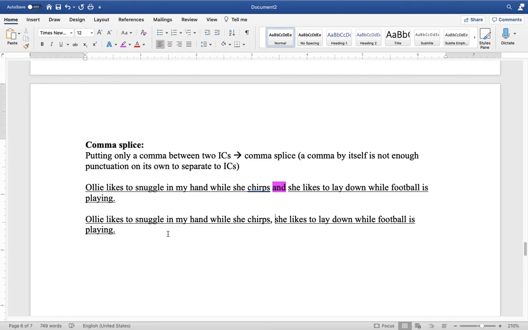So that's what makes it the comma splice, even though Word says it's fine, it's not fine. What Word is noticing here is that it needs a comma, because we have an and joining two independent clauses.